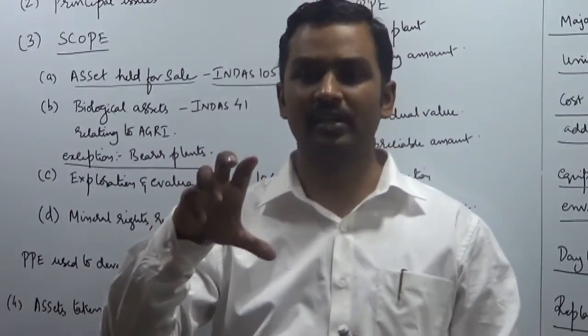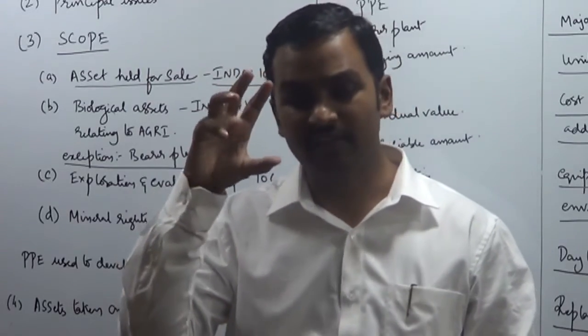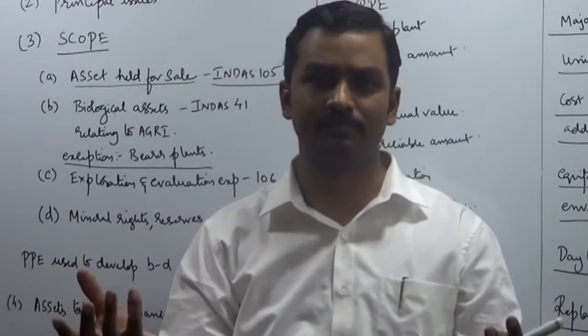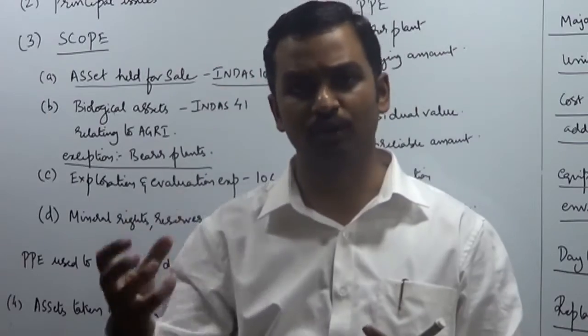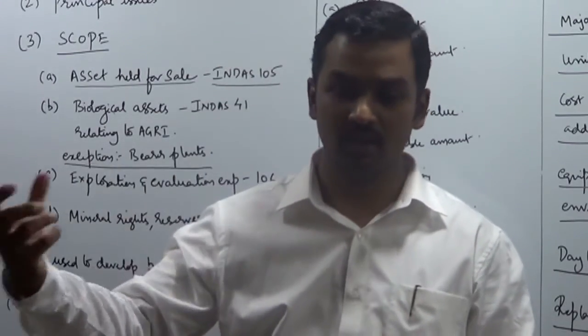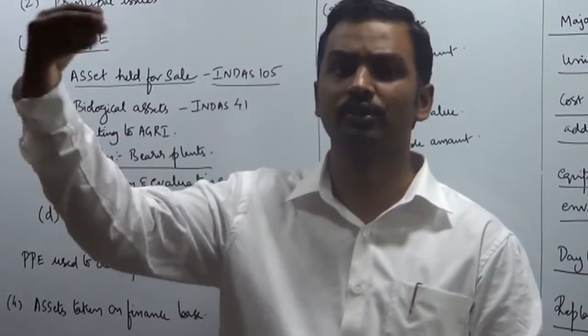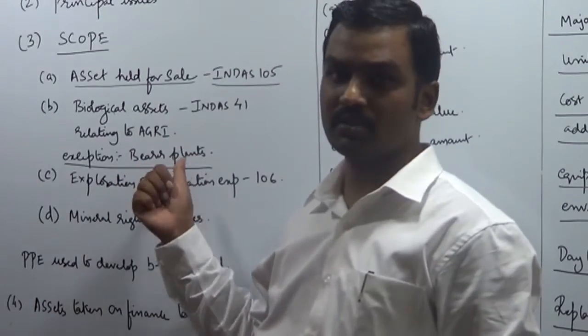Now these apple trees are capable of generating apples for a period of more than a year. Or you have a mango farm. Now you have mango trees. These mango trees can give you mango fruit for a period of more than 1 year. So these are living plants which can bear produce for a period of more than 1 year. So such living plants are called bearer plants.